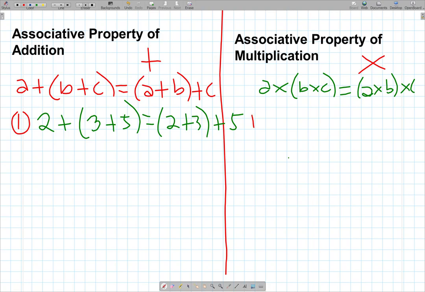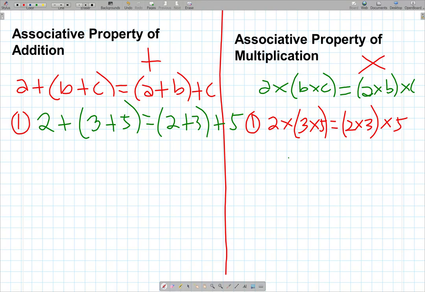Example number 1 natin. Okay, so 2 times 3 times 5, okay, equals 2 times 3 times 5. That is associative property of multiplication, no? Associative property of multiplication. Okay?